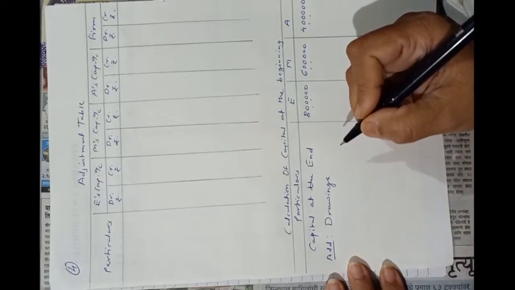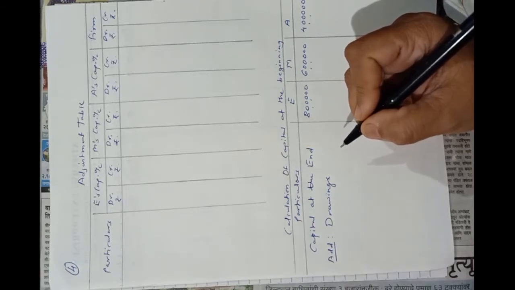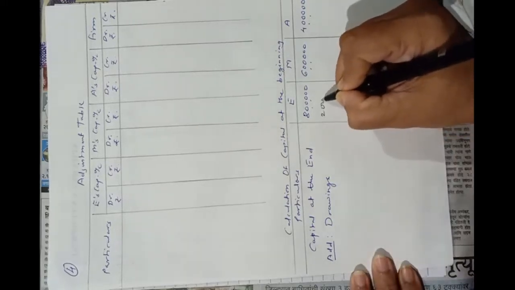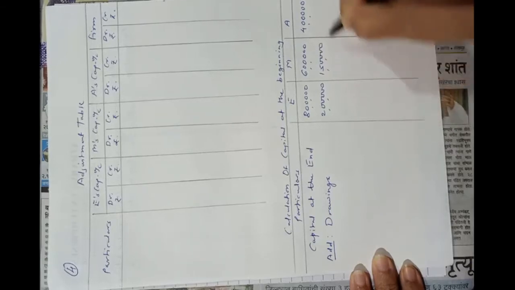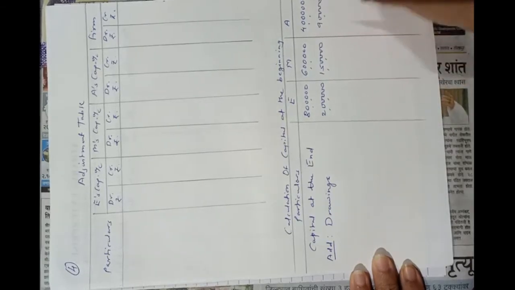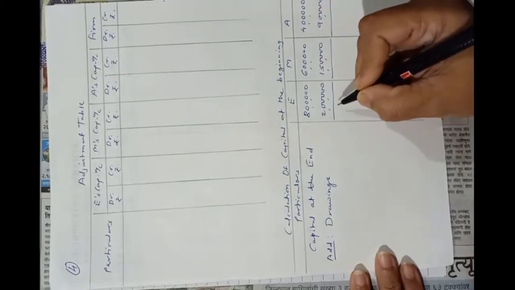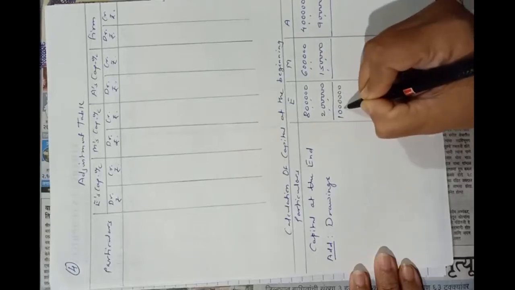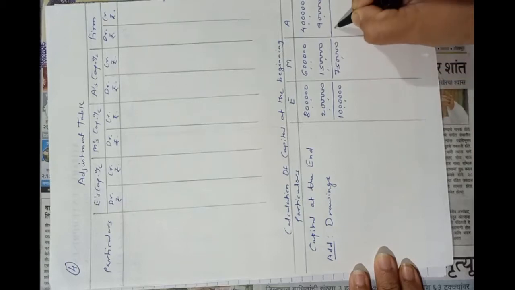Drawings is given in the problem. The partners drawings during the year 2 lakhs, 1,50,000 and 90,000. So after adding drawings, rupees 10 lakhs, rupees 7 lakhs 50,000 and rupees 4 lakhs 90,000.